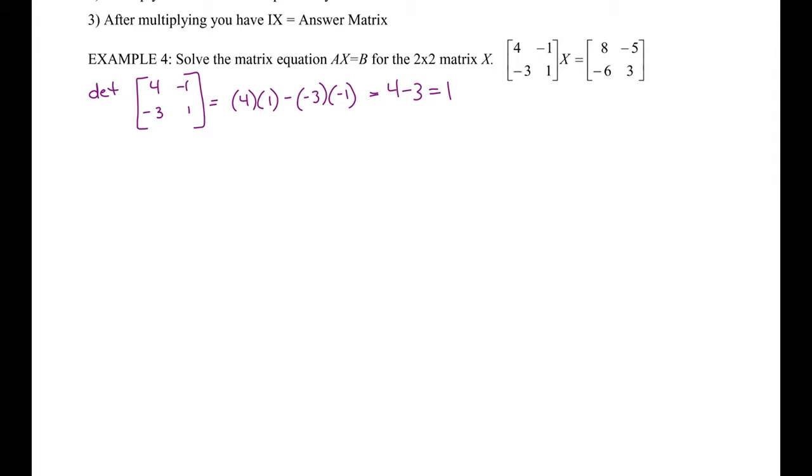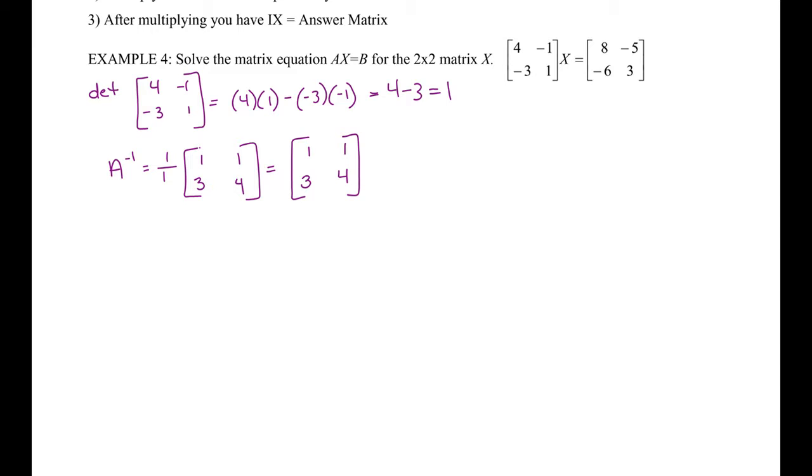Your next step in finding the inverse was to take 1 over the determinant and multiply by the switching matrix. So I switched the diagonal down entries and I switched the signs on the diagonal up entries. Multiplying anything by 1 is going to be itself, so my inverse matrix is just 1, 1, 3, 4.